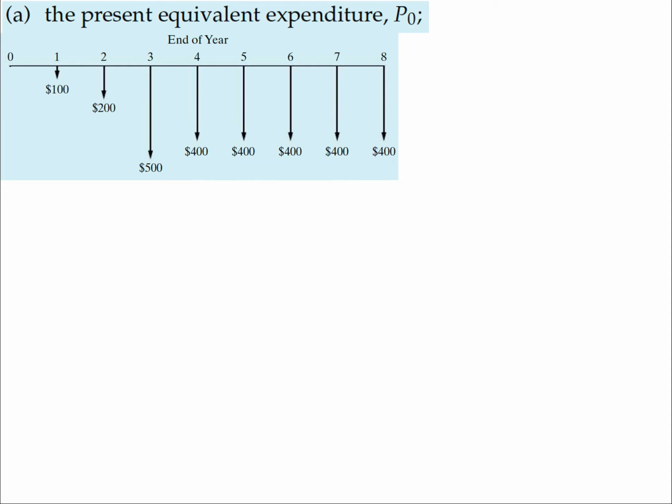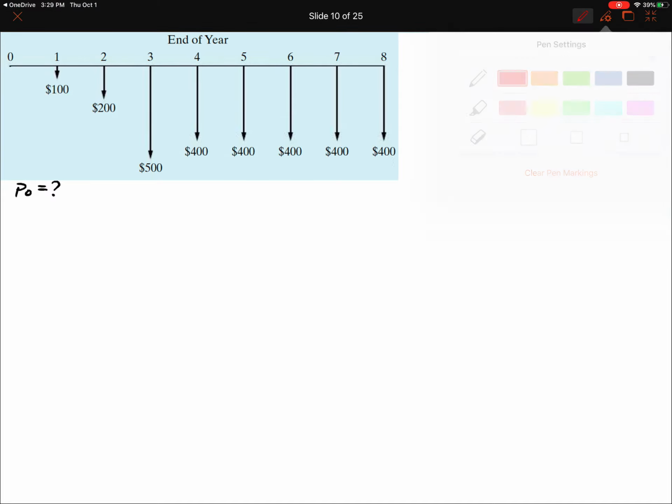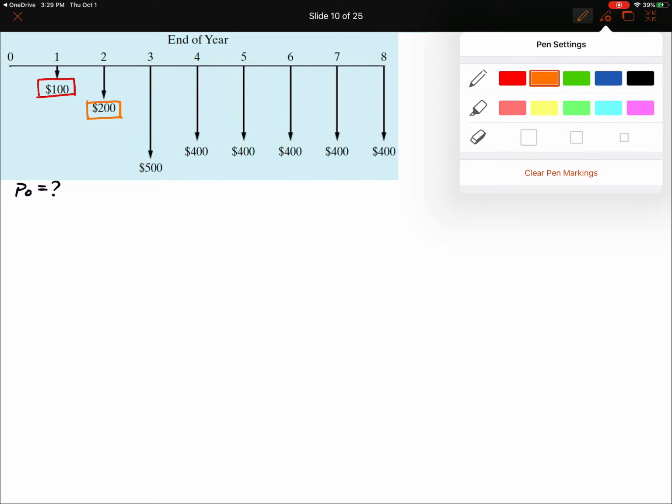So first, let's see how do we convert all of them back to the present time. Okay, so the P0 is what? So first you need to check how many types of cash flows you have. So we have this 100 at the end of the first year.